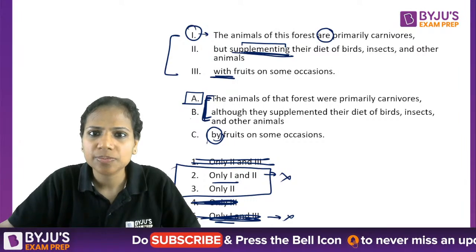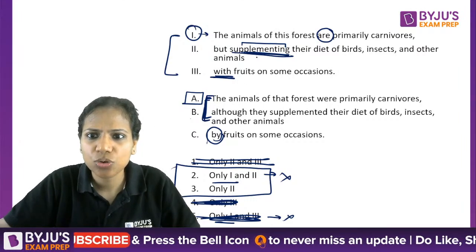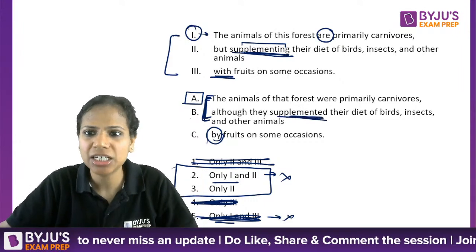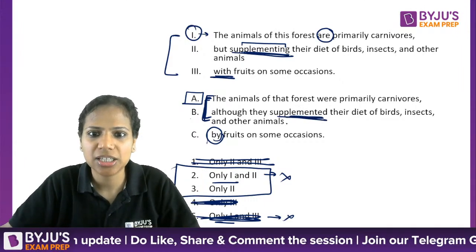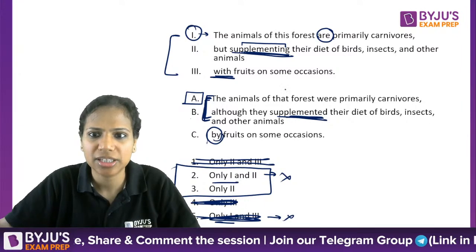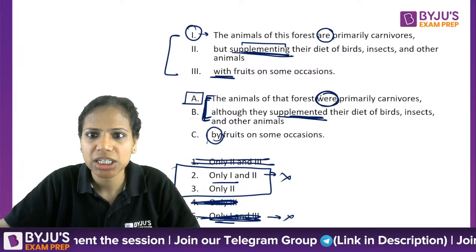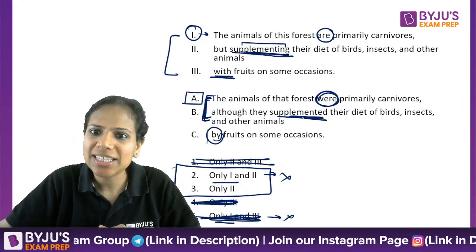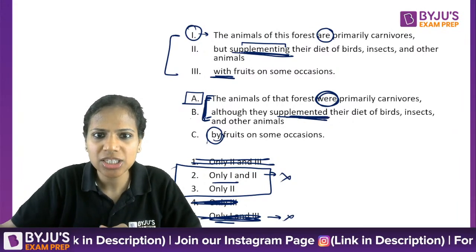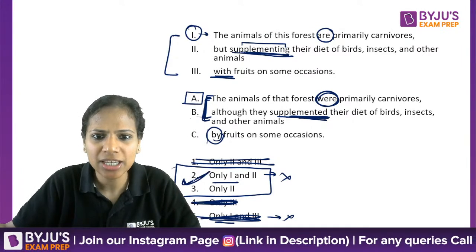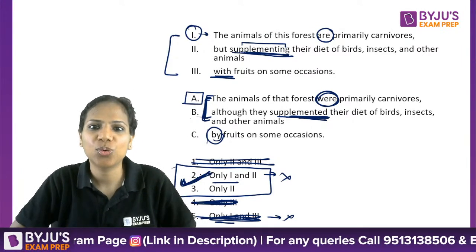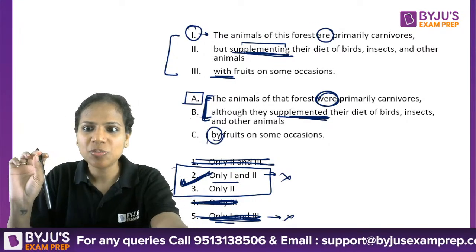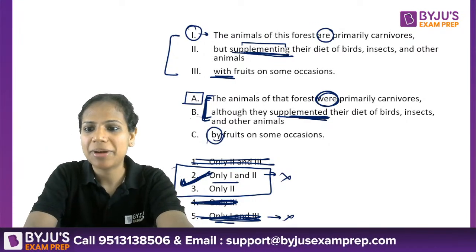Because the animals of that forest were primarily carnivores, although they supplemented their diets of birds, insects, and other animals. So this makes sense together, right? This has to be were, and although they supplemented their diets. So these two make sense together, and that's why only 1 and 2. Does this make sense? Why 2? My bad.